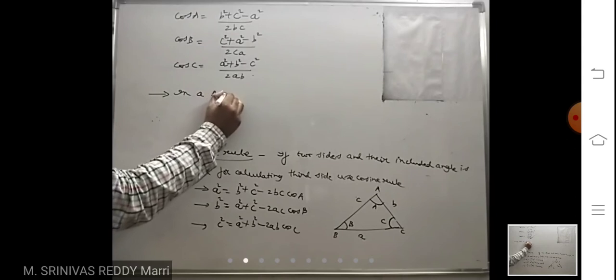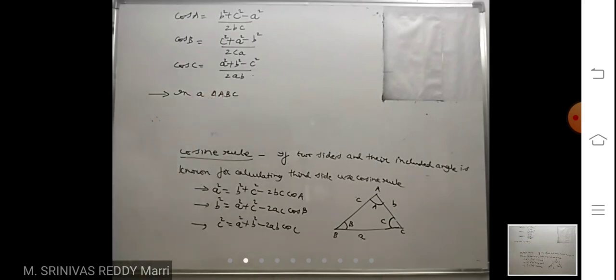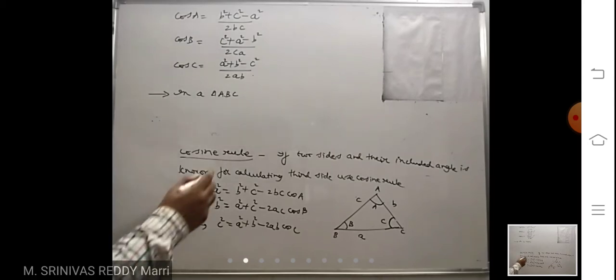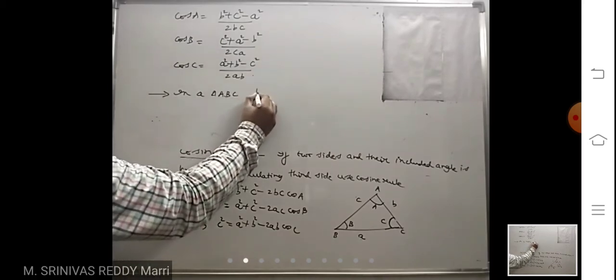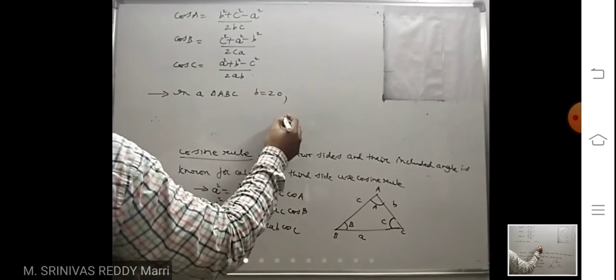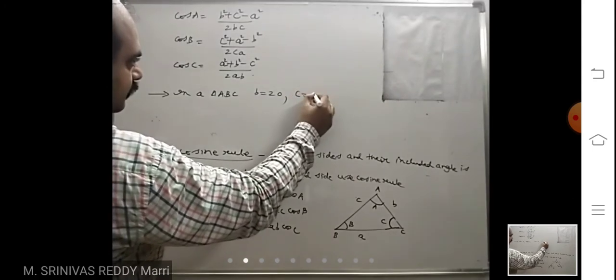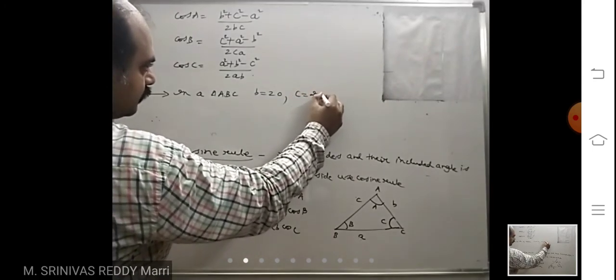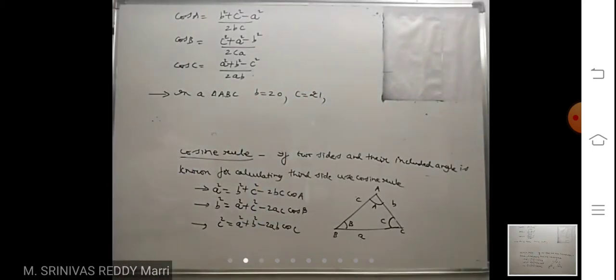In a triangle ABC, B is 20, C is 21, sides given.